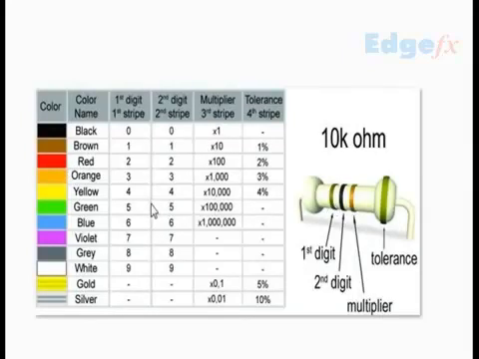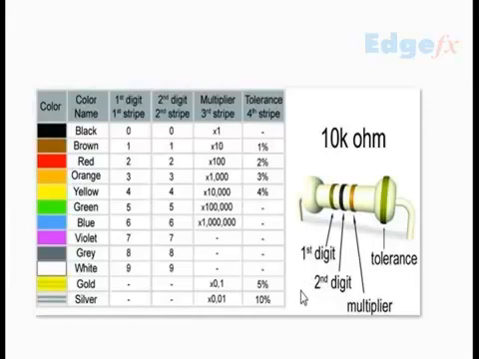The second band is a 0, that is black, 10. And the third band is orange, so that is why 1, 0, 0, 0, 0. Orange means 0, 0, 0, so 10 kilo ohms. So this resistance is 10 kilo ohms.